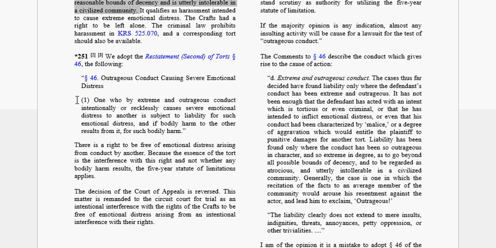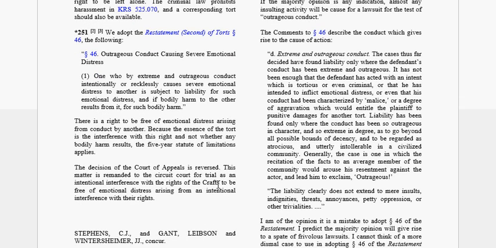So, the tort now exists in Kentucky after this case was decided, and it tells you a little more about why it's doing this, and then we go back to the procedural posture and we repeat that the decision of the Court of Appeals is reversed and it's remanded to the Circuit Court for trial.